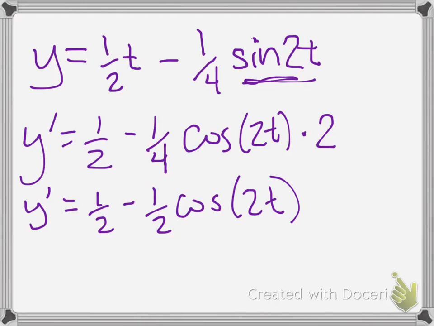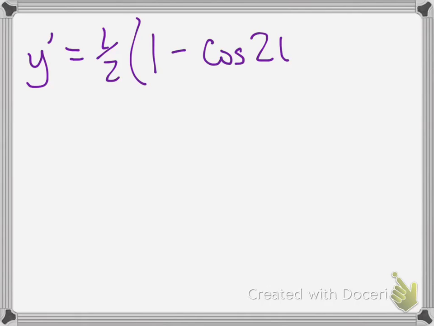Now, we're going to have to use a little bit of trig identity to rewrite this so that we can see that we get the relationship that we want. But notice that each term has a factor of 1/2 in it, so we're going to factor out the 1/2 and we're going to end up with 1/2 times the quantity 1 minus cosine of 2t.